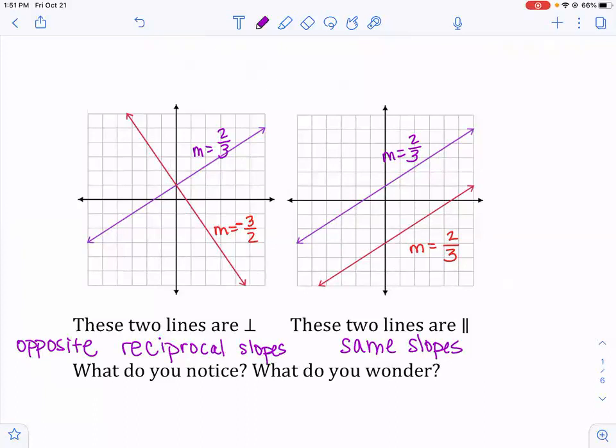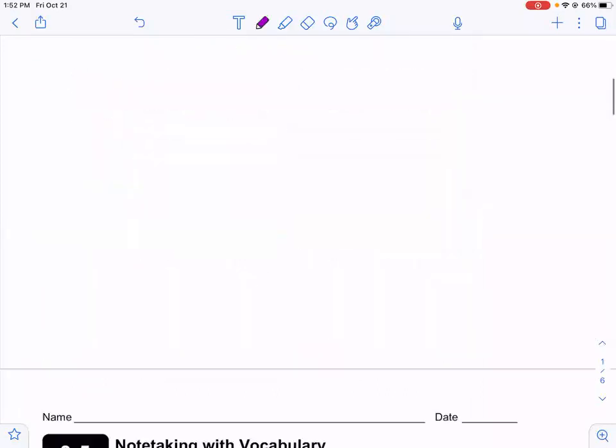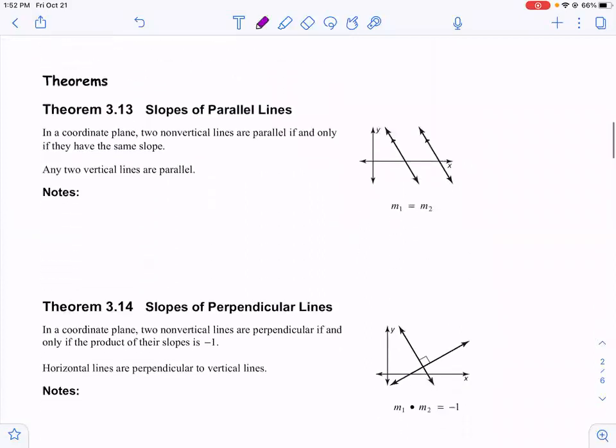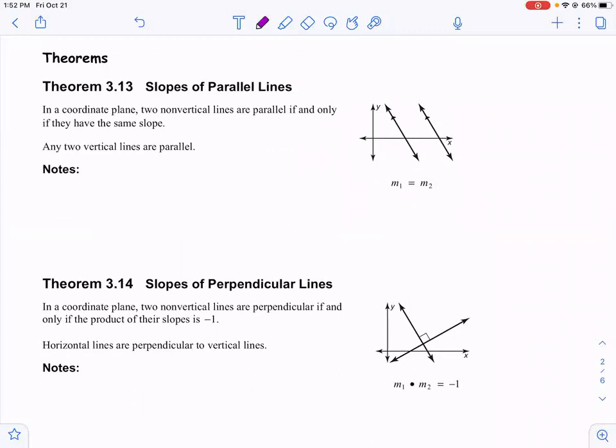Oh, you place them in there. Amazing. Thank you. Have a seat. I'm waiting for student journals. I'm waiting for everybody to be quiet.